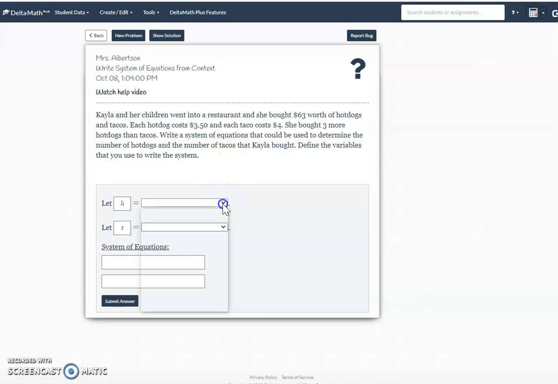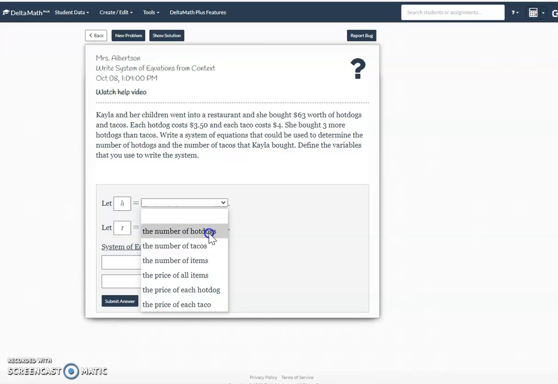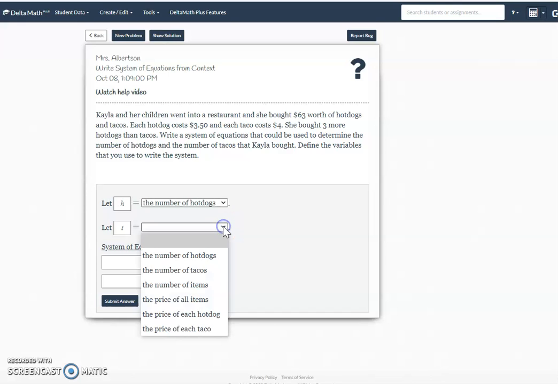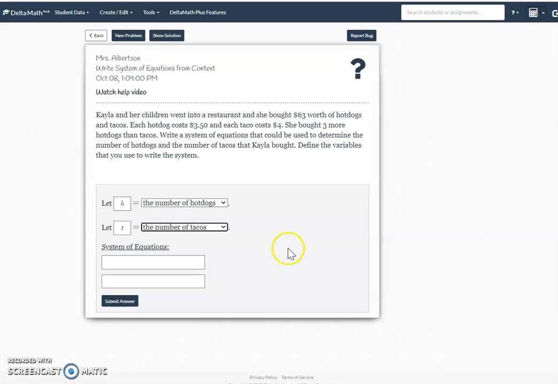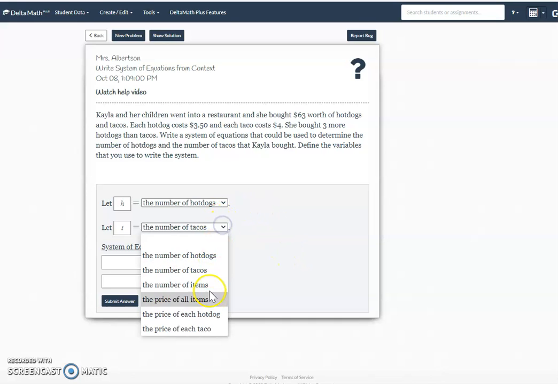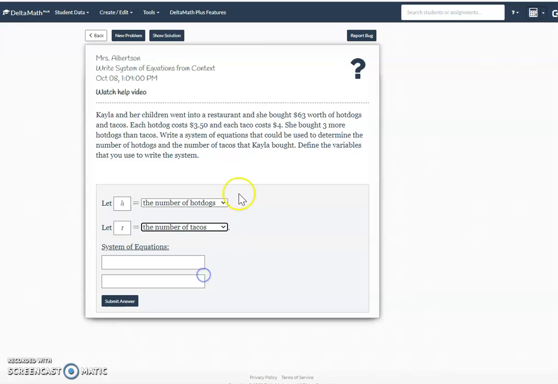So H is the number of hot dogs and T is the number of tacos. I know the other options are not what I want because I'm looking right here and it tells me what the question is. So I know that that's what my variables are representing.